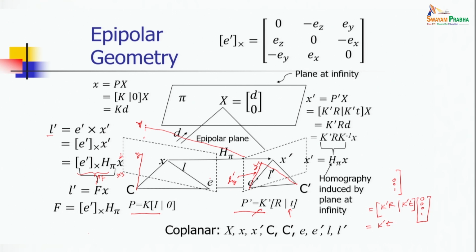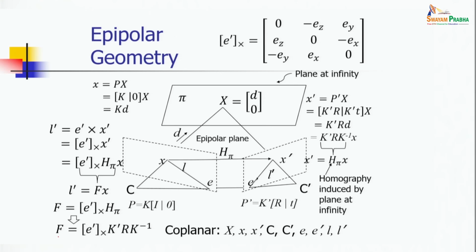Now this line can be expressed. So I can write here, for example, Ly, if I write it as Ly, Ly is Fy. The same way, like L prime is Fx, similarly Ly prime is F into y. For any image point, this is true, and that is the interpretation of F.